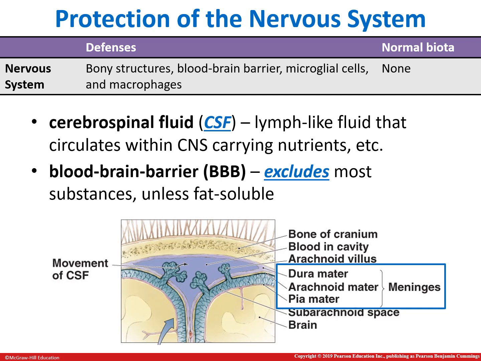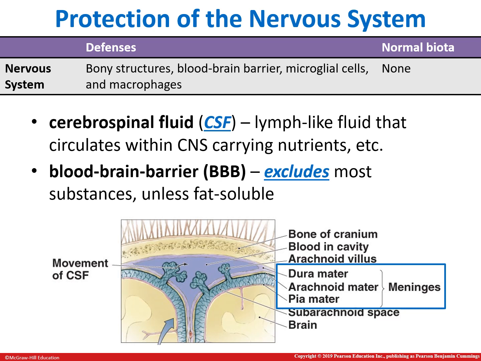Now remember, there are these little outpuckerings, what we call the arachnoid villi, that are the exit for that CSF. The CSF is formed deep in the pockets of the brain, what we call the ventricles, by way of the choroid plexus. So the filtrate comes in through the choroid plexus and leaves by way of these arachnoid villi. You can kind of think of that as a breach in the blood-brain barrier.